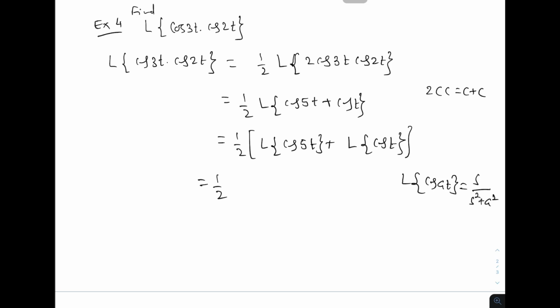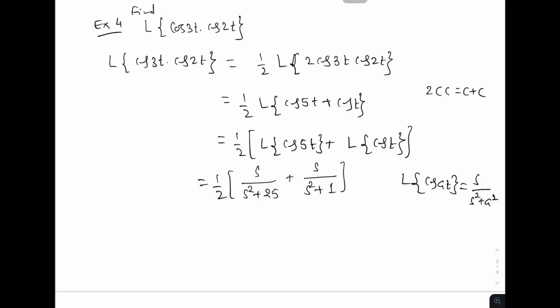So this is equal to 1 by 2. Now here a is 5. Okay. So, s over s square plus 25 plus s over s square plus 1.